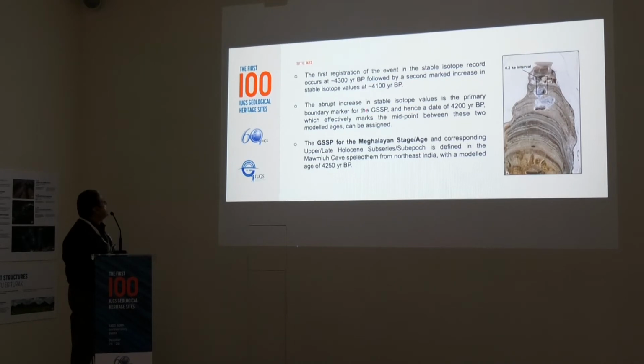The abrupt increase in the stable isotope value is the primary boundary marker for the GSSP of this Meghalayan stage, that is, 4,200 years before present. The GSSP of the Meghalayan stage and the corresponding Holocene subseries, subepoch, is defined in the Mawmluh cave speleothem from northeast India with a modeled age of 4,250 years before present.